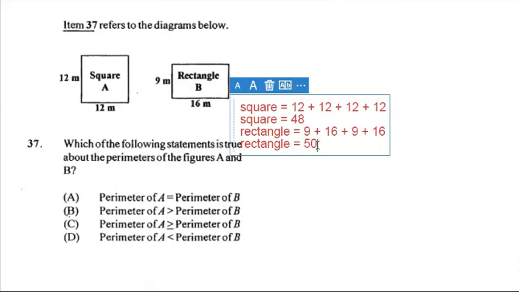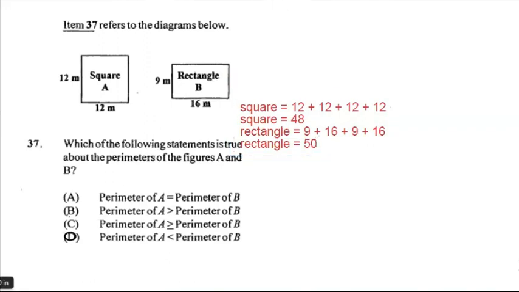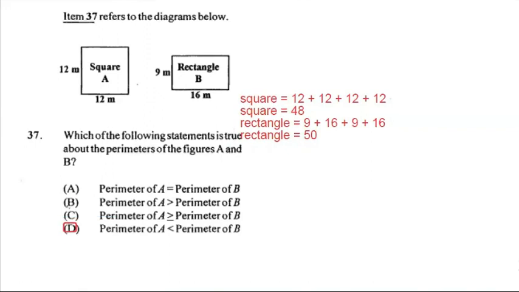C says perimeter of A is greater than or equal to perimeter of B. That is not true, as we saw in B, where 48 is definitely not greater than 50, and it is definitely not equal to 50, as we saw in A. So our answer is D. Perimeter of A is less than the perimeter of B, which is definitely true. So our answer is D.